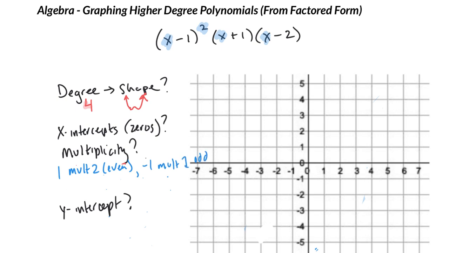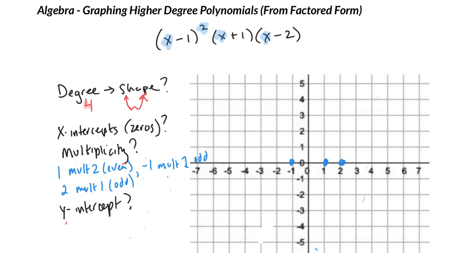And then, of course, 2 plugged in here, 2 minus 2. So 2, multiplicity is also 1, and that's odd. So I'm going to mark those in there. We've got 1 and negative 1 and 2. And 1 has even multiplicity, so we're going to just touch that but not cross, and the other 2 will cross through.